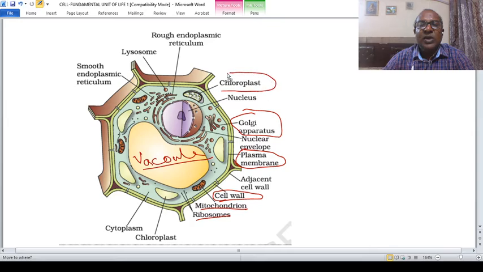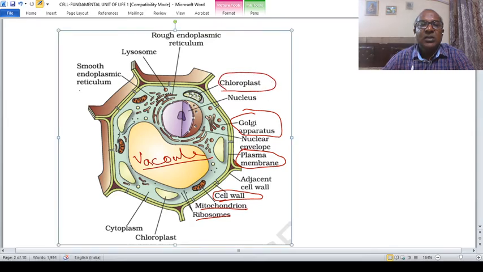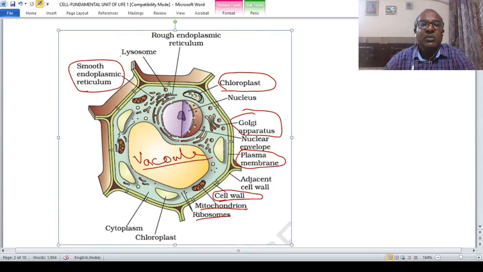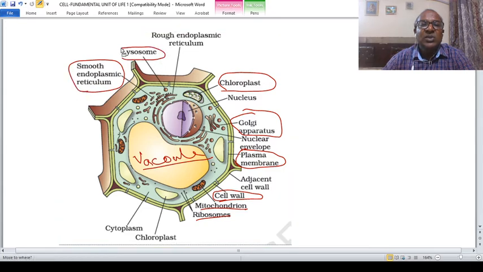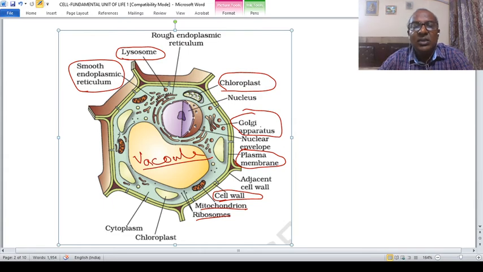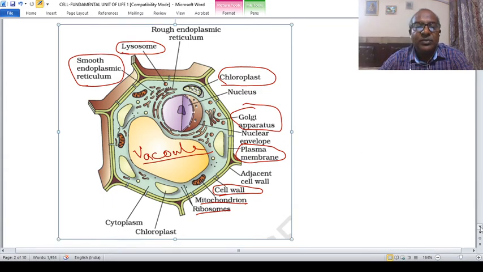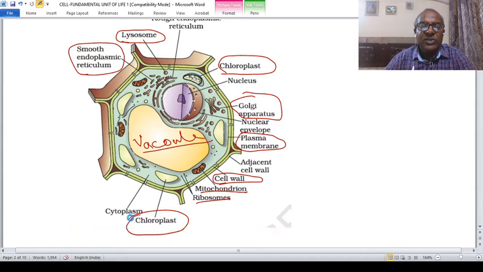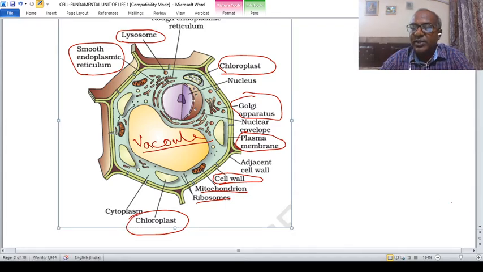This one is chloroplast, smooth endoplasmic reticulum, rough endoplasmic reticulum, then lysosomes. These are the structures inside. Then in plant, one specific feature is your chloroplast, which is not there in animal cell.